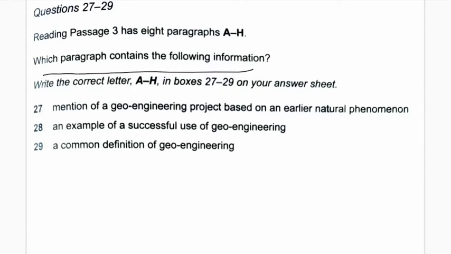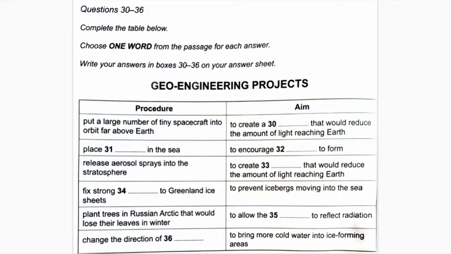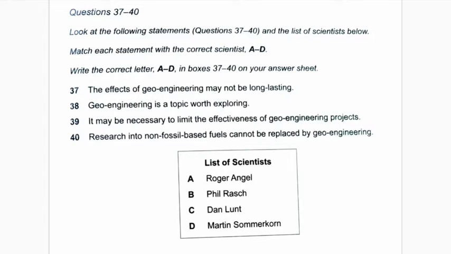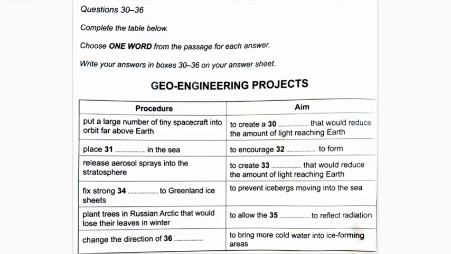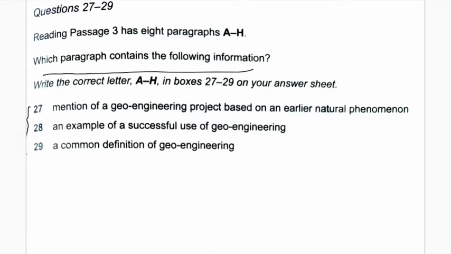So it is an information based question: from the passage, which paragraph will give you the correct information given in the 27th, 28th and 29th number questions, right? In the same way, after it there are fill in the blanks questions from 30 to 36, and then the four questions based on the statements given by the scientists, match each statement with the correct scientist. In these three types of questions, it is very important to first of all mark the keywords from the question, right? Okay, so let's go first of all with it.